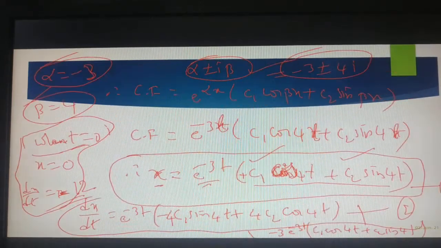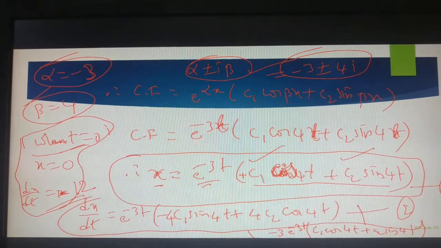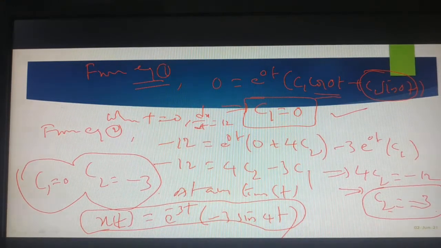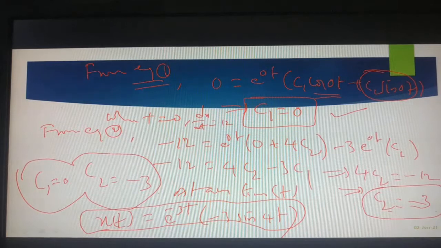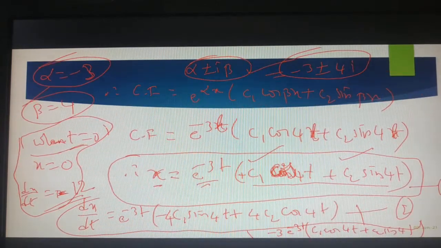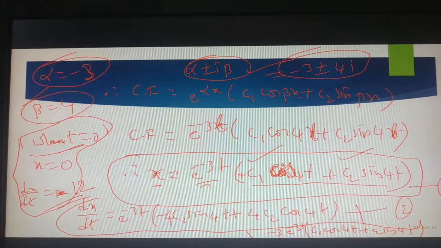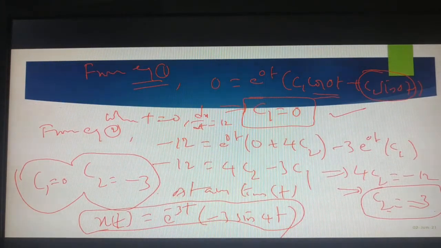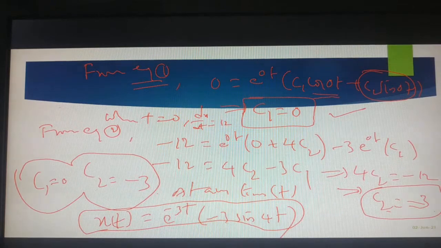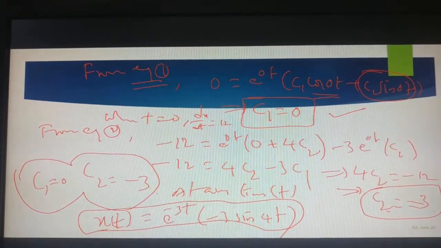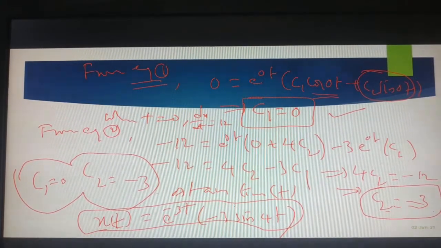So when I substituted, from that I got c2 value minus 3. So with both c1 and c2, if you go back and substitute in equation 1, you will get x is equal to e power minus 3t times minus 3 sin 4t. Okay, right.